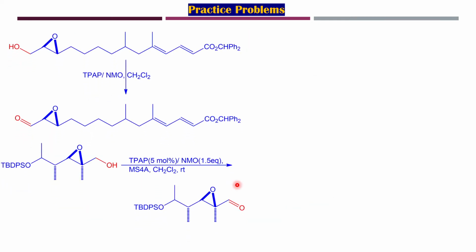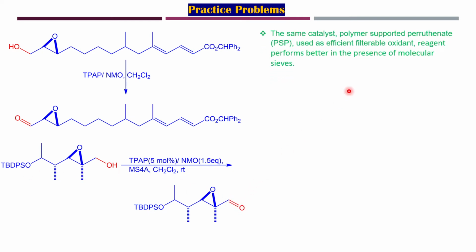In the next part, we can see esters are not affected. The epoxide is not affected, but the alcohol gets converted to aldehyde. Another similar reaction here leads to aldehyde. Now, one may also use the catalyst on a polymer support, which is called PSP, and it is again a very good oxidant, and the reagent performs better in presence of molecular sieves.